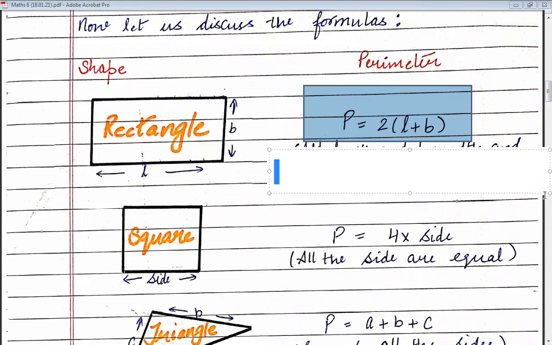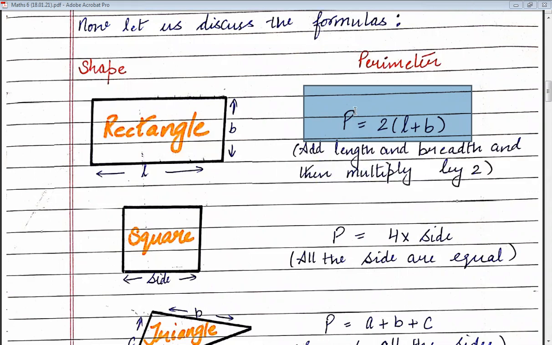Add your length and breadth first. Okay, this is your length plus breadth, and whatever you get after adding, you have to multiply that with 2. You will multiply the answer with 2. So that will be your perimeter.